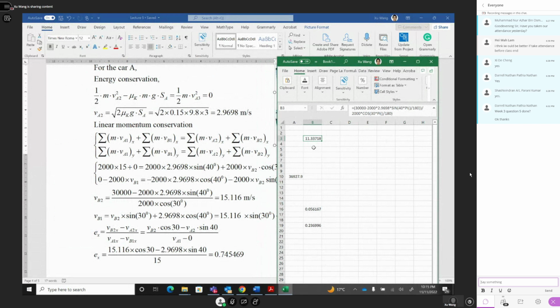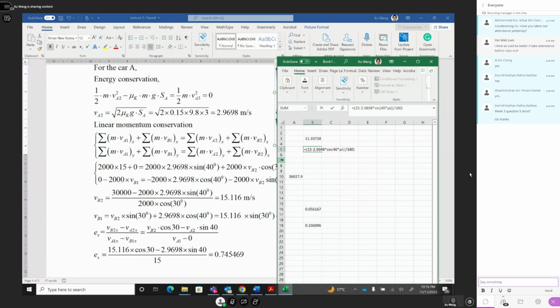So we can also do that without the 2000. Taking off the 2000, this should be 15, right? Equal to 15 minus 2.9698 and multiply sine 40, and multiply pi divided by 180.